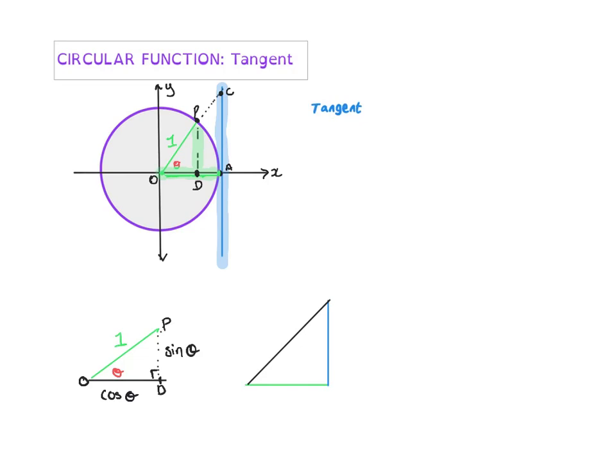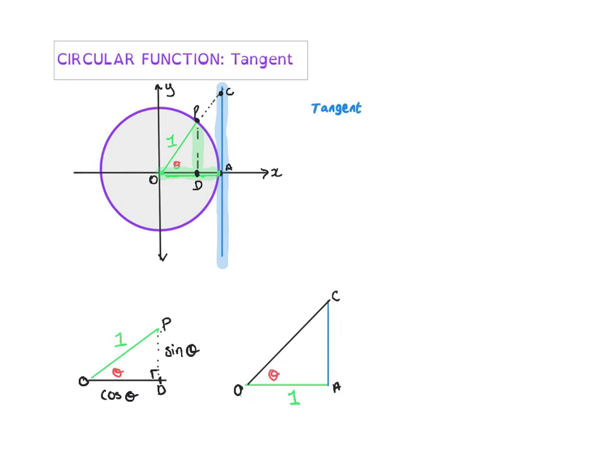Now if I look at the big triangle created by the tangent, really what we can see, this triangle is made from the origin going all the way out to A and then up to C. So we can see that from the origin to A is the radius, so that is 1. And what you also can see is that we have the same angle here.